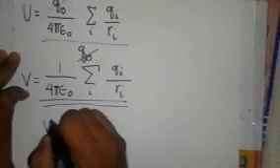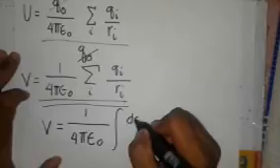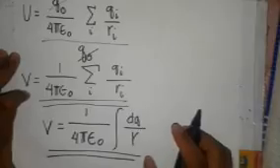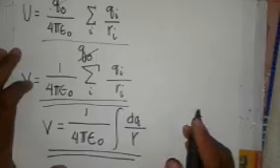So our potential is equal to 1 over 4 pi epsilon naught, the integral of dq over r. So this will be our equation for potential due to a continuous distribution of charge.